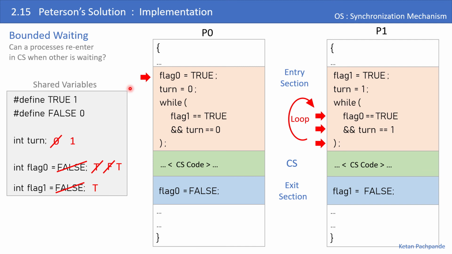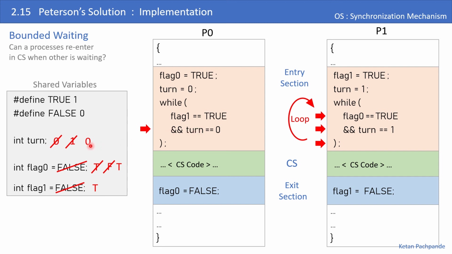Let's go ahead. Turn = 0, so it is going to override the value, whatever the current value is, to 0. Let's check the condition. What is flag 1's value? It is true. True is equal to true. The condition is true, so the first condition is true. What is the second condition?